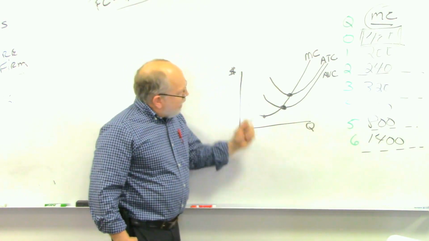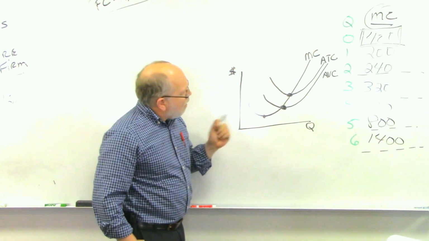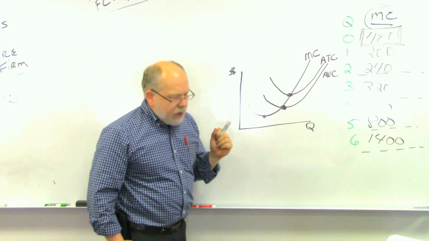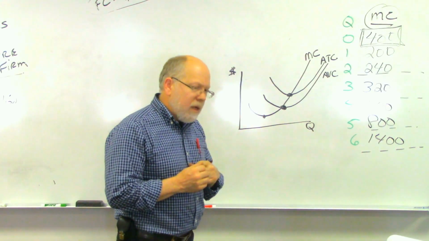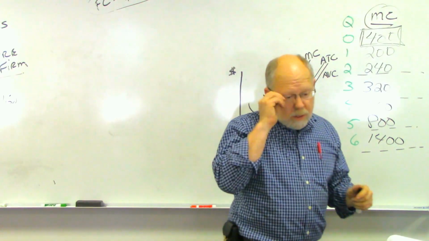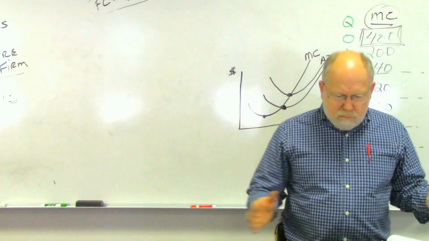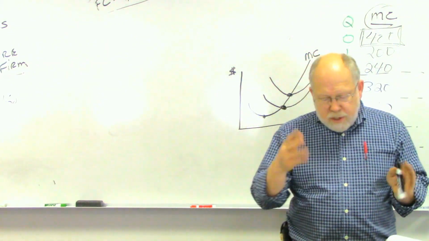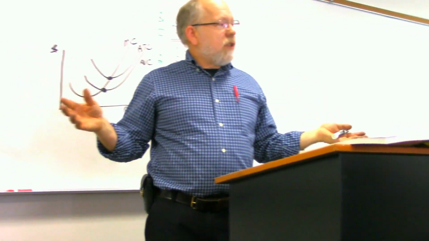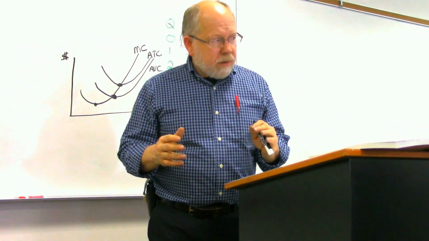Now, why does it happen that way? Well, we said the marginal cost is the cost of the production of the very next one. Think of it this way. Let's say we've taken some tests, and we got a 90% and a 90%, which means our average is 90%.